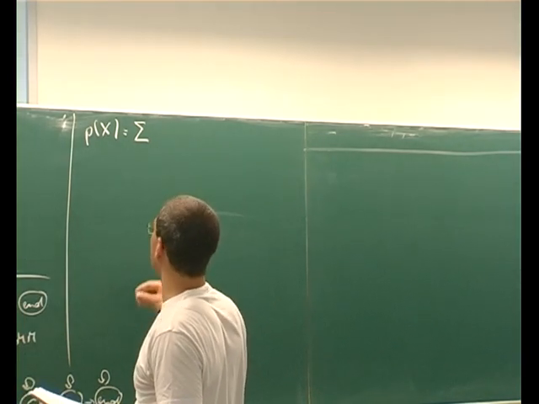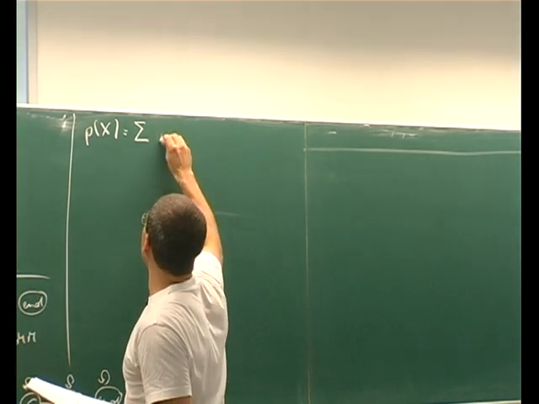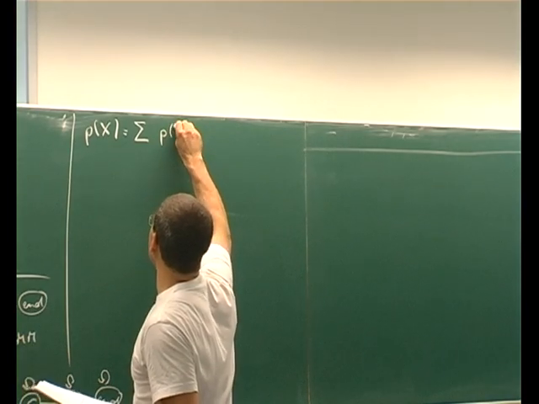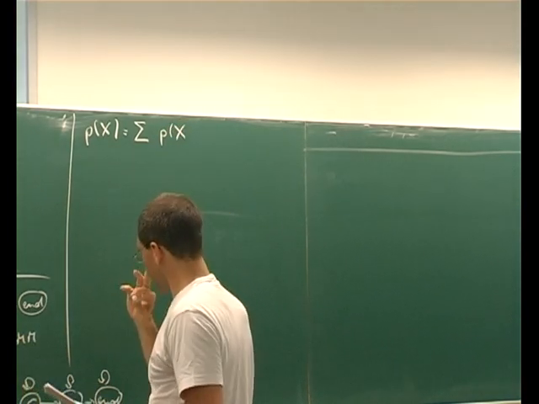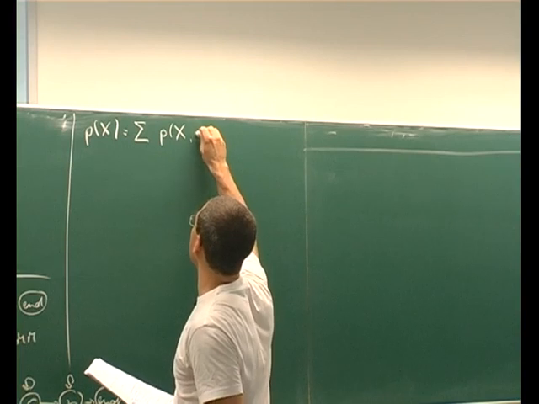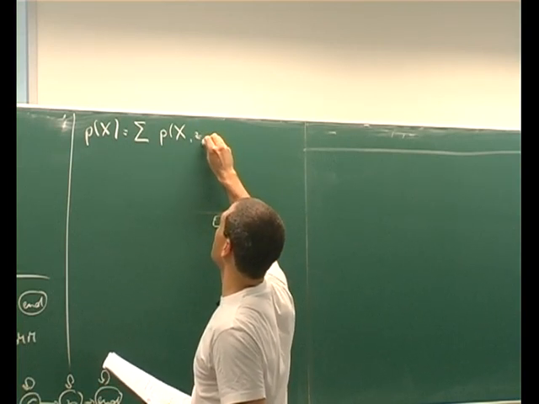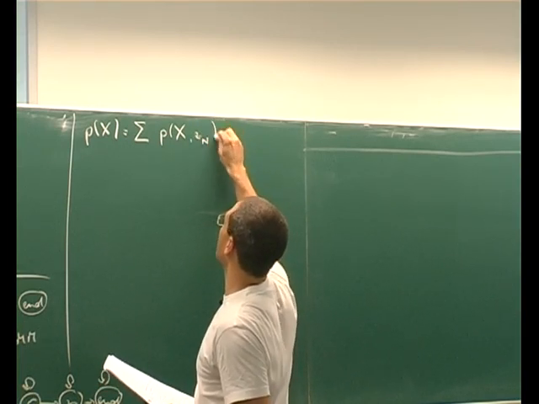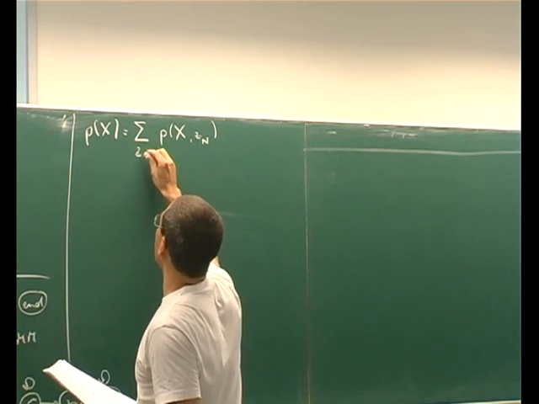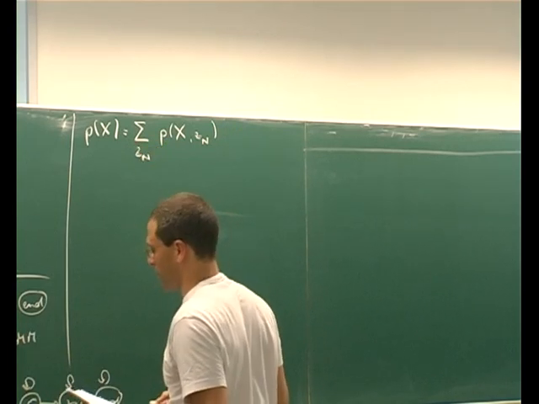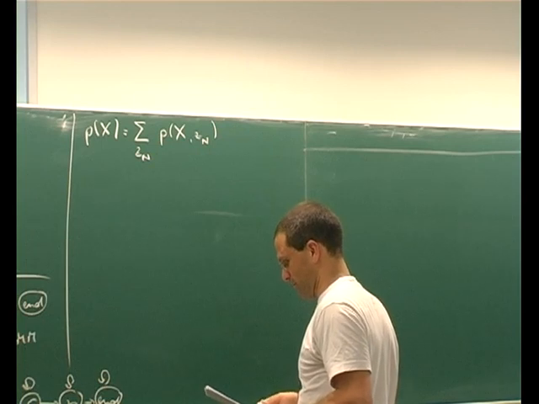For instance, I could start from the joint distribution of all observations and the final hidden state. This is a small z because I'm only looking at one hidden state, namely the final one. And I need to sum over these possible final hidden states.